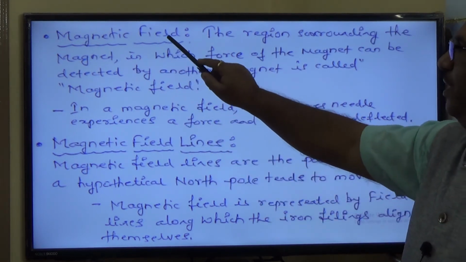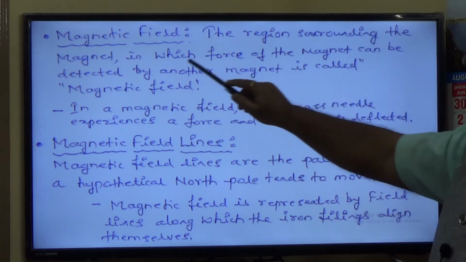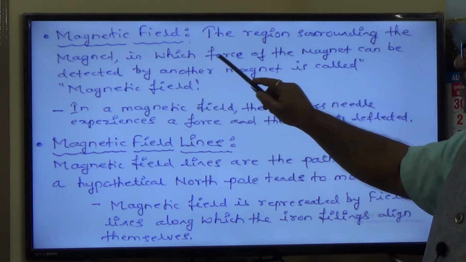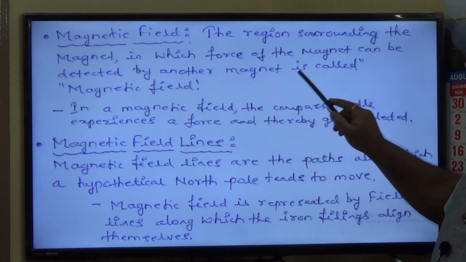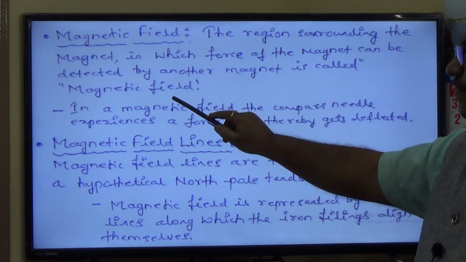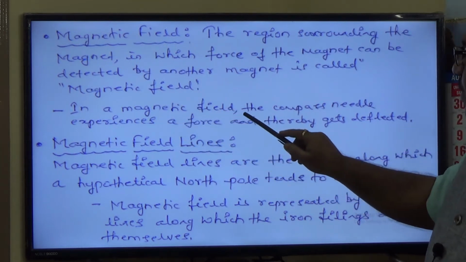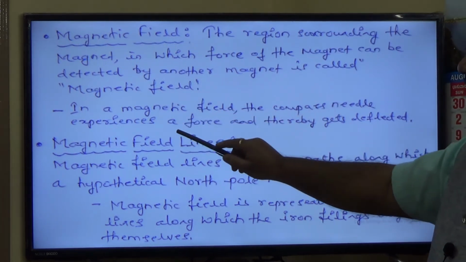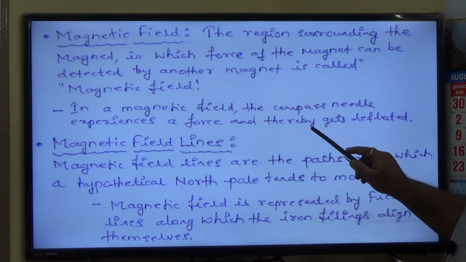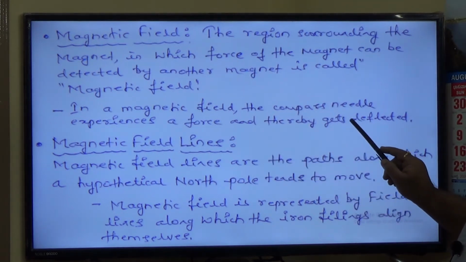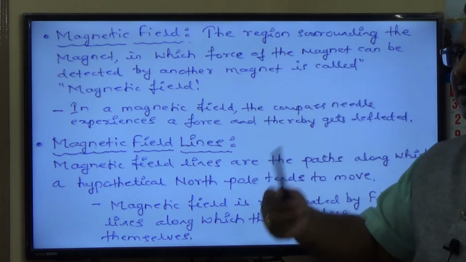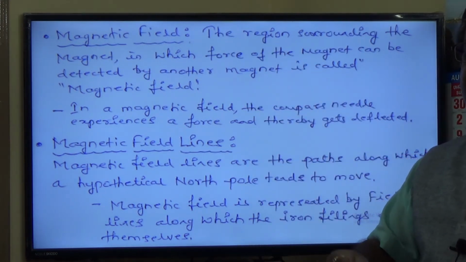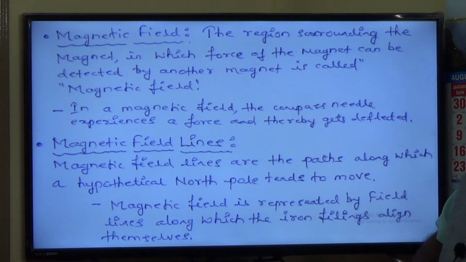What is magnetic field? The region surrounding the magnet in which force of the magnet can be detected by another magnet is called a magnetic field. In a magnetic field, the compass needle experiences a force and thereby gets deflected. So the region surrounding the magnet in which another magnet experiences a force is called the magnetic field.